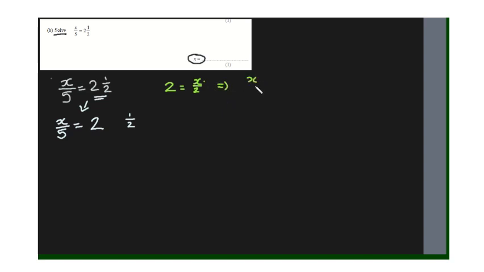Multiply both sides by 2: x over 2 times 2 equals 2 times 2. That one should be quite easy, 4. This one, 2 halves times x, 1 times x equals 4. Therefore, x here equals 4.